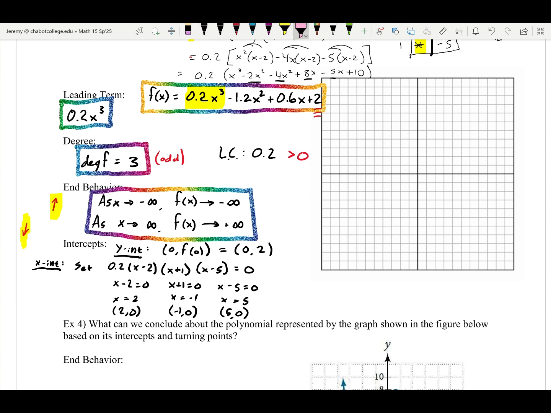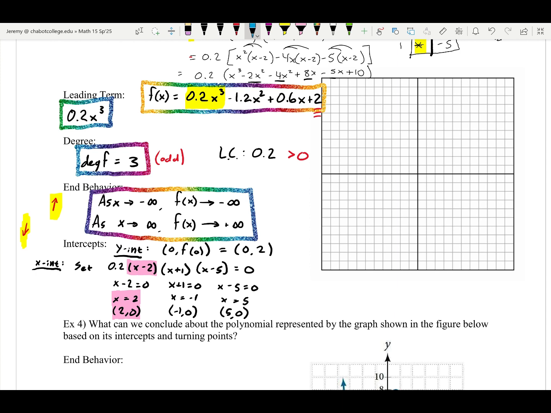It's really important that we're able to recognize the relationship between a factor, like x minus 2, a factor of a polynomial function f, and a 0. A 0 is just the value of x that makes the polynomial 0. And those are both connected to the x-intercept, which is just the reflection of that 0 in the graph of the function f.